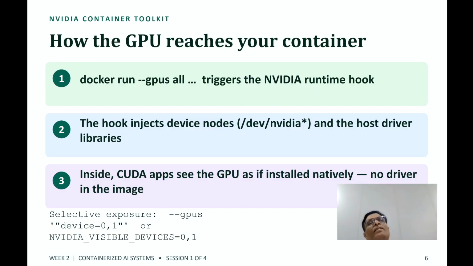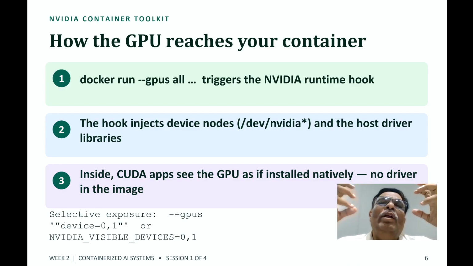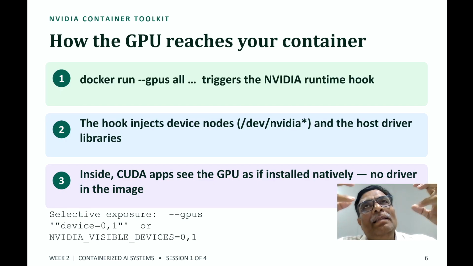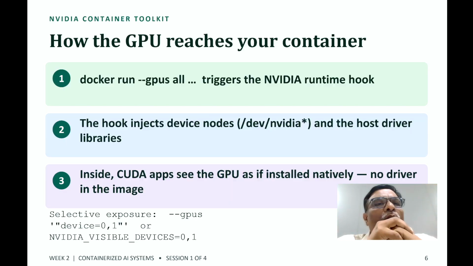Now let's try to understand the NVIDIA container toolkit. That means, how does my GPU reach the container, or how does whatever is in the container get to the GPU and get executed there? Let us try to understand this first statement: docker run --gpus all.